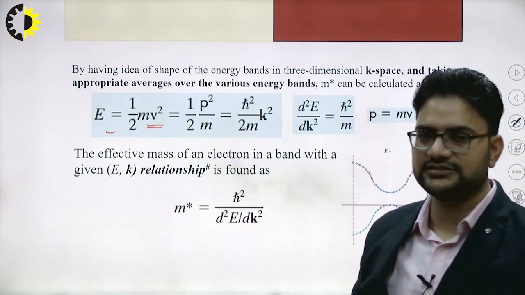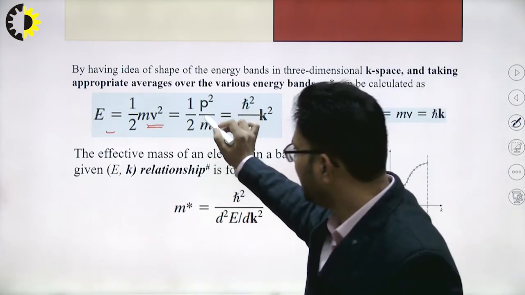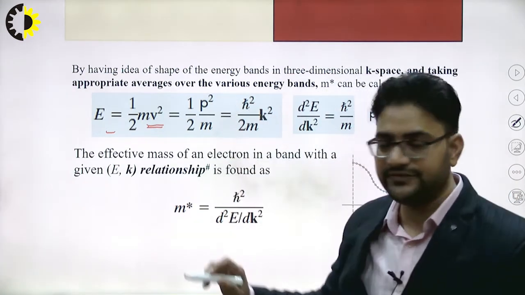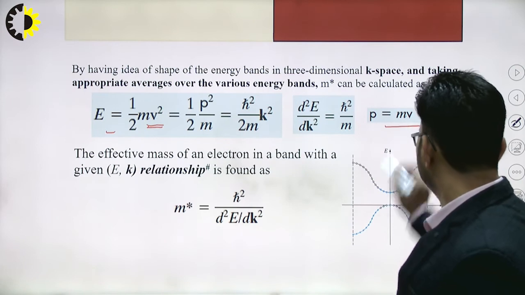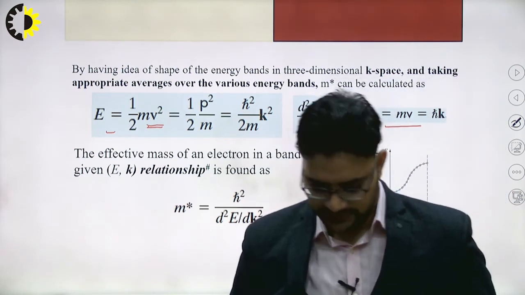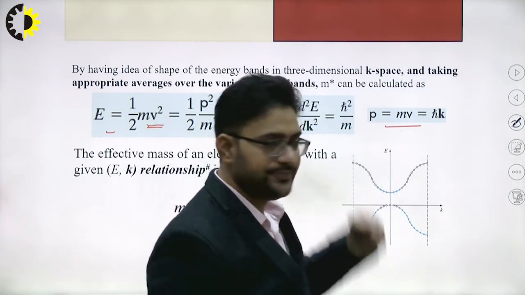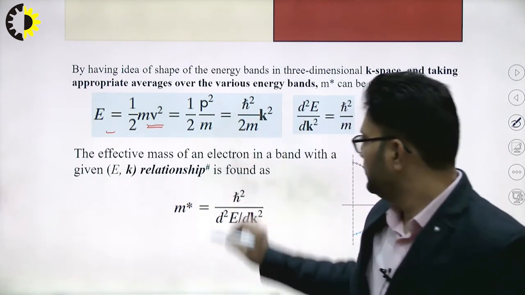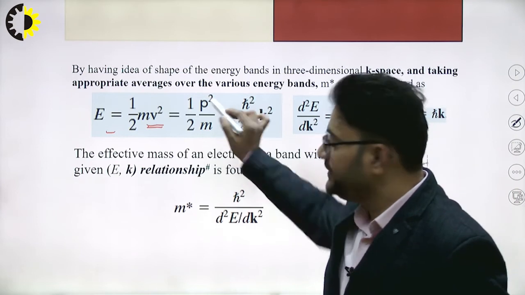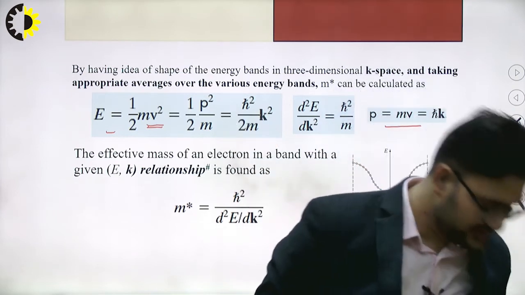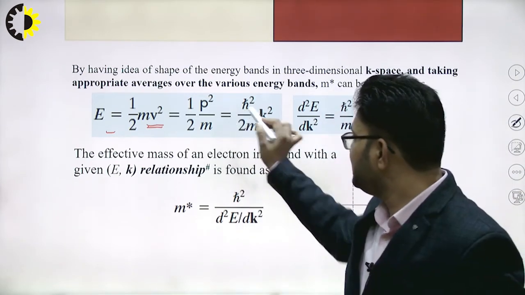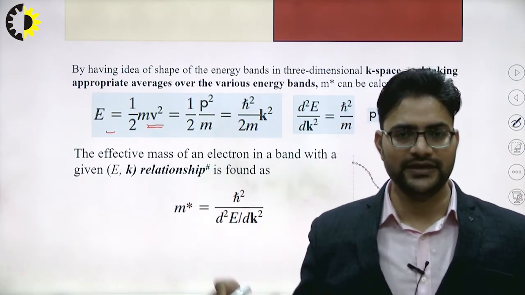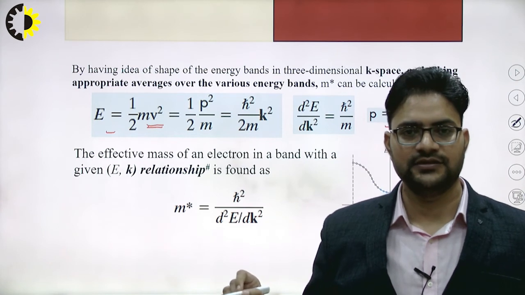We have already discussed that it is half p square divided by m, where p is equal to mv. This p is also, as we have already derived, h dash into k, where h dash is equal to h upon 2 pi, and h is a constant value.